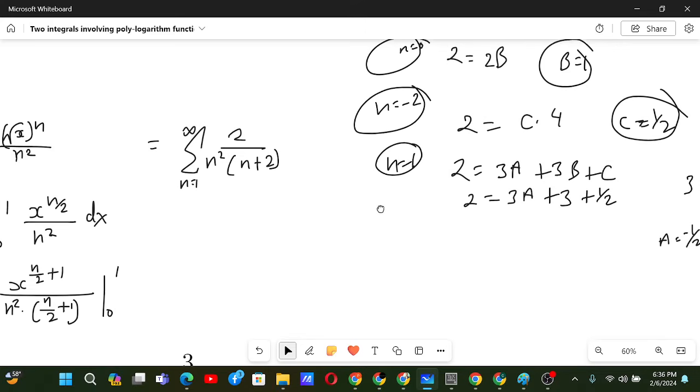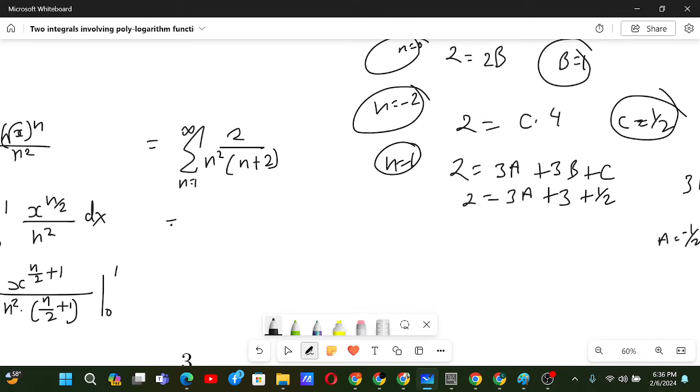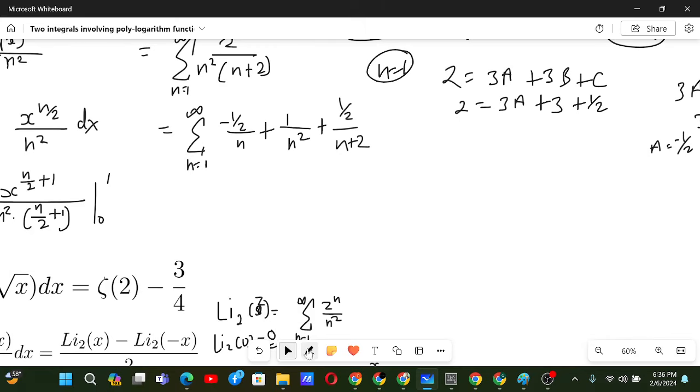So the partial fraction is the sum going from n equals 1 to infinity. For a we have minus 1/2 times 1/n, for b we have 1/n squared, and for c we have 1/2 times 1/(n+2). Now we can just recombine these.